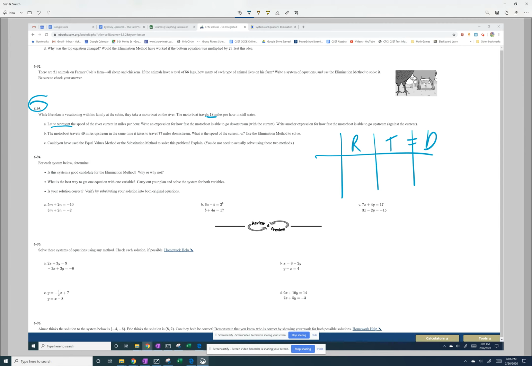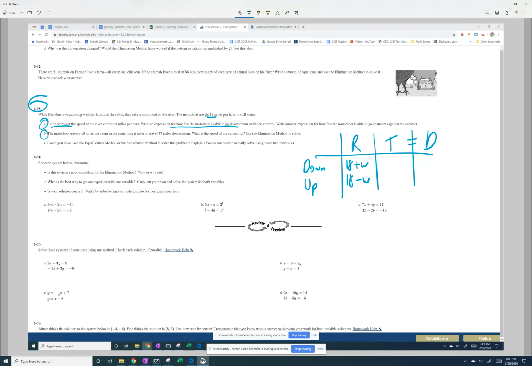And so if you're going downstream with the current, the rate is going to be its normal 18 miles per hour plus the rate of the current. And if you're going upstream, you're fighting the current. So you would go with the normal 18 miles per hour that you can go on your own, but you're fighting the current, so minus the rate of the current. So those are the answers for part A: write an expression for how fast it can go downstream and upstream.